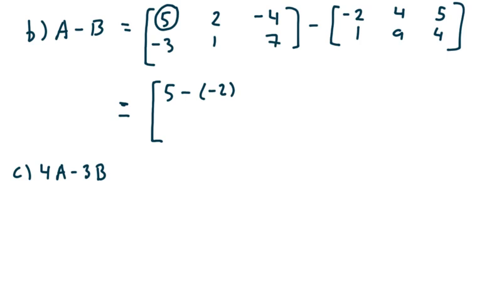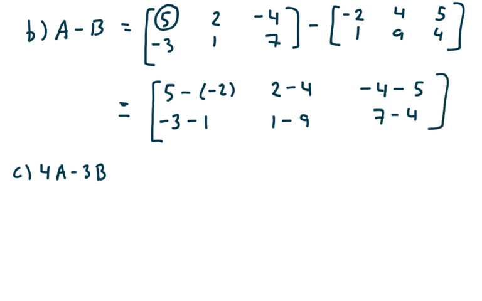And then I'll take 2 and subtract 4. And then I'll take negative 4 and subtract 5. That's the first row. In the second row, I'm going to get negative 3, subtract 1. 1 minus 9, and then 7 minus 4. And then we'll put C on the next page here.